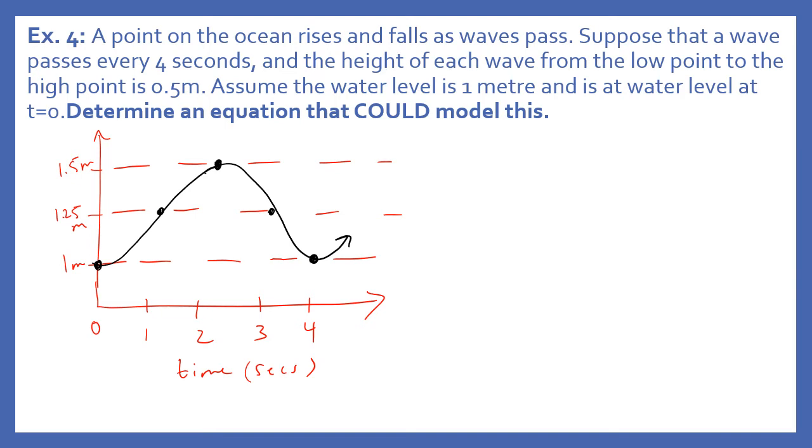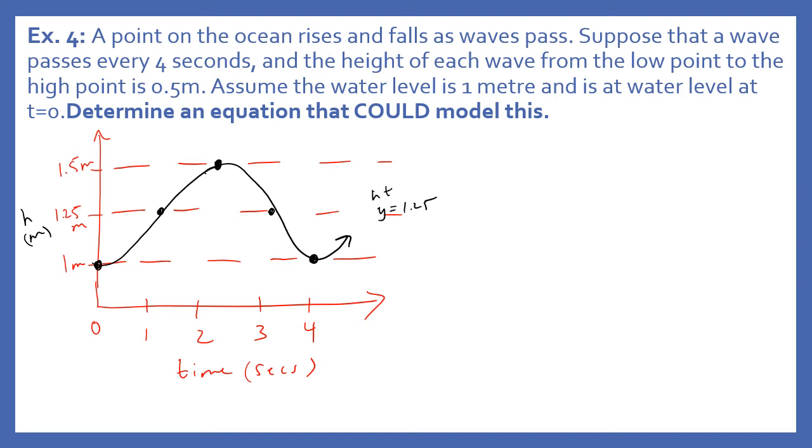So now we're ready for making an equation that could model this. We've already calculated our C value. It's this, right? Y equals 1.25. And we'll call this, I guess I didn't label my y-axis, we'll call that height in meters.